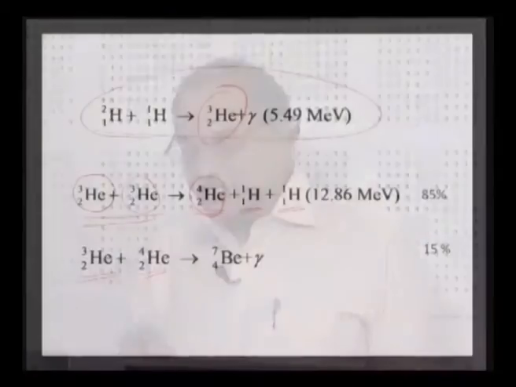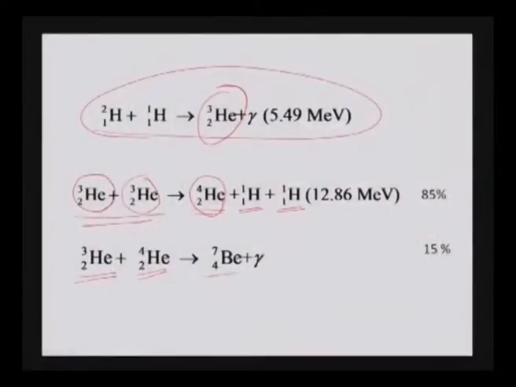So, in core you do have these 4 helium nuclei in significant numbers. So, this 3 He combines with this 4 He, making 7 beryllium. So, that is another route which happens 15% of time. 2 helium 3 combining, that happens 85% of time.